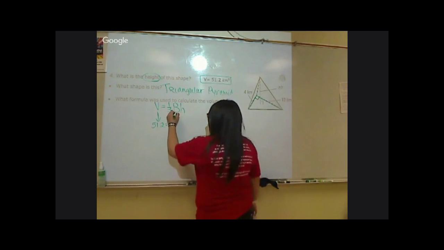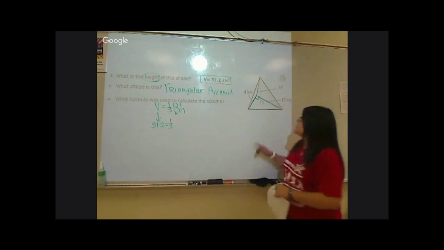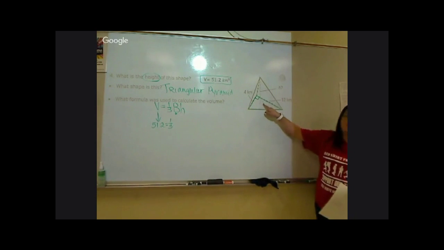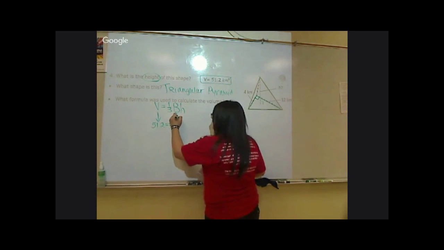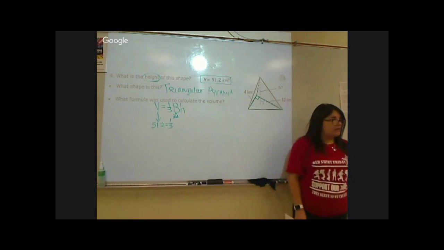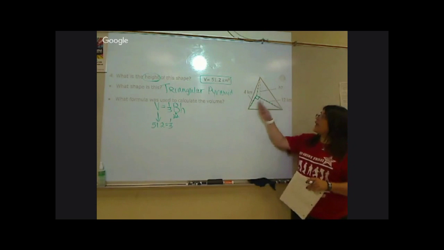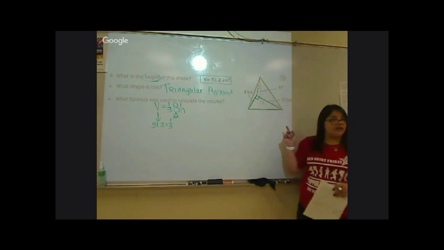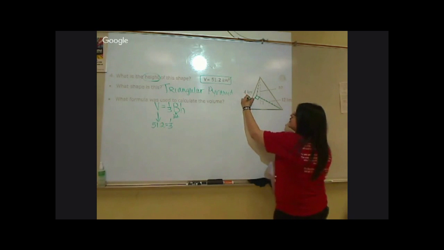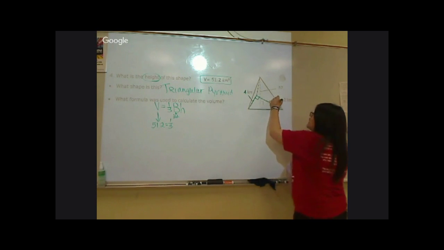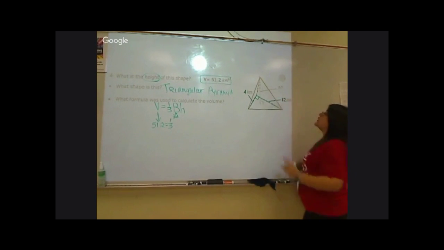Now let's think about this. Because our base is what shape again? Triangle. To find area of a triangle, we have to do half of the base times the height. Do we have everything we need here to figure out the area of our triangle? Yes, because they're showing us here that one dimension of our triangle is this 4, and the other dimension of our triangle is this 12.